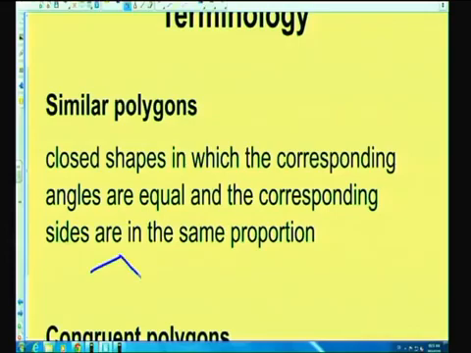So if it is a figure like this, for example, like a kind of pentagon, that would be a polygon, and perhaps a smaller version of it.